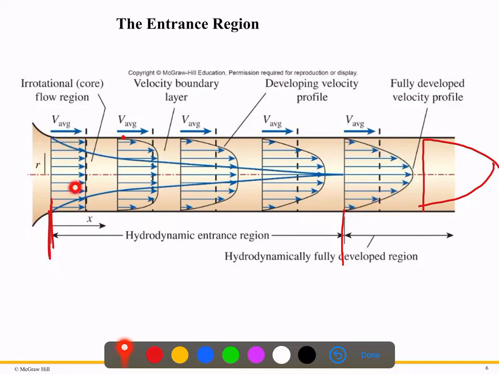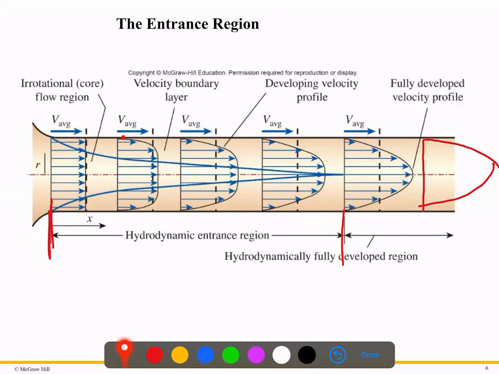Here the flow is streamlined. It is changing up to this point, and after this it will not change anymore. At this point, we can say this is fully developed flow. Just keep in mind, fully developed flow means a parabolic profile. We'll get the maximum velocity at the center.